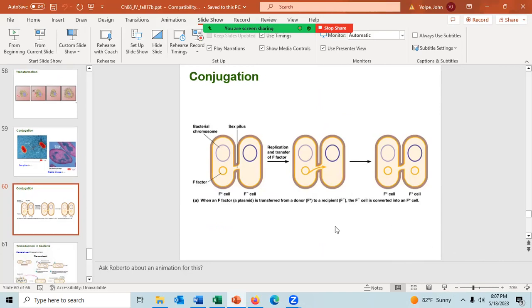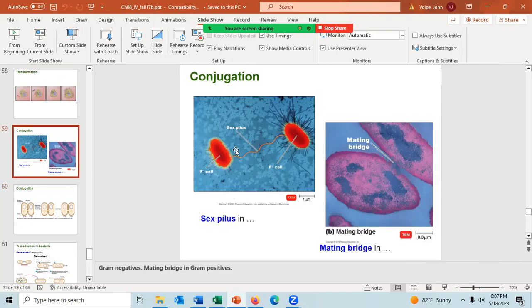In the gram-negative cells, we have the F plus cell. It has an F plasmid. The F plasmid codes for the sex pilus. The sex pilus comes out of this cell and then will literally look for an F minus cell and then skewer the cell. That sex pilus can then act as a winch and bring these two cells closer together.